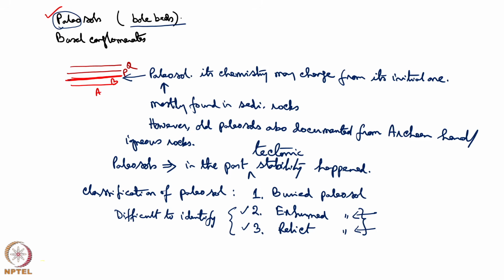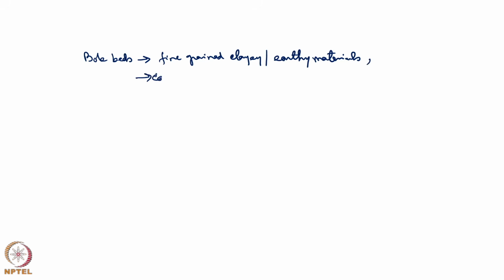These bole beds are, let us write down about the bole beds: fine grained clay or earthy materials, and the color can be red. So, it is then known as the red bole, or green, we call it green bole.